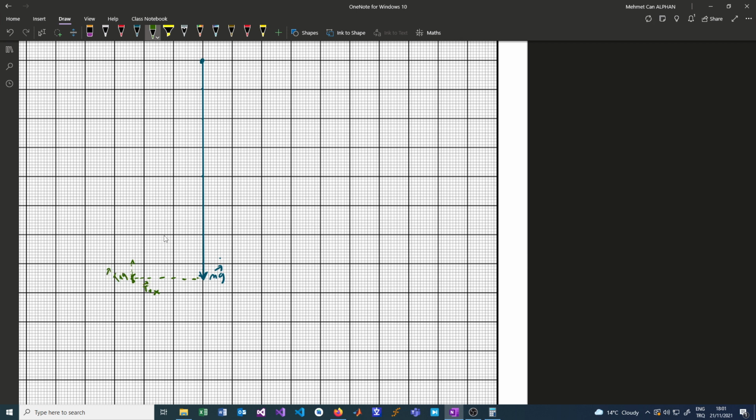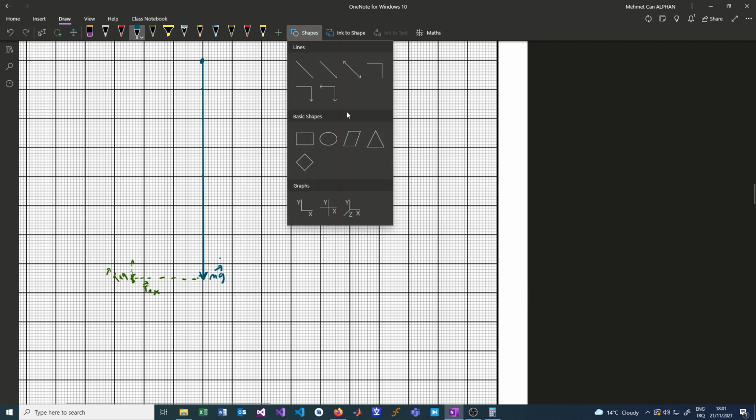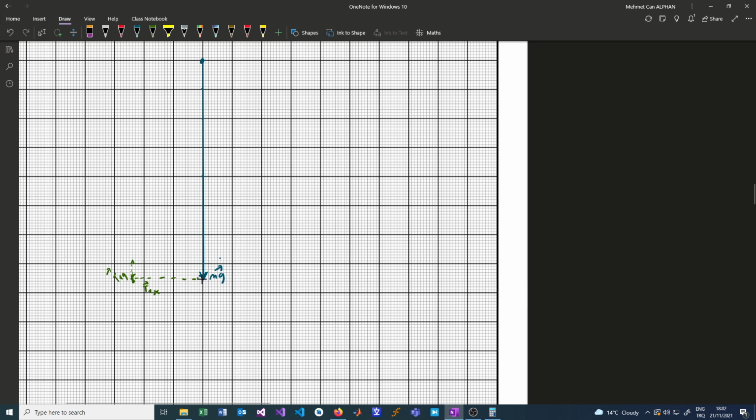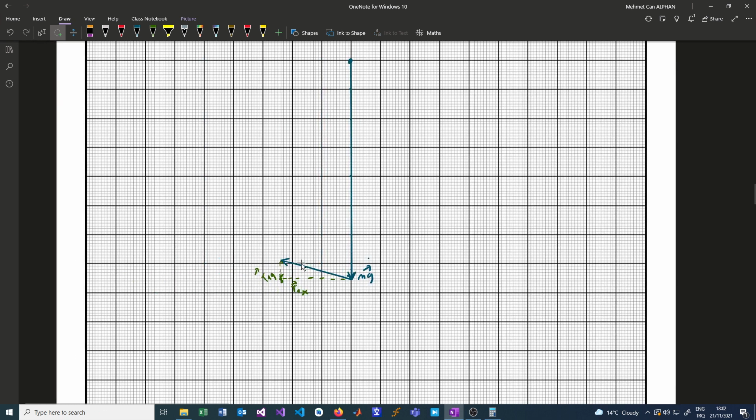Now I can draw my vector T1. Okay, I'm grabbing my vector tool again. You see, I add tip to tail by using the tail method. That will be the T1 vector.